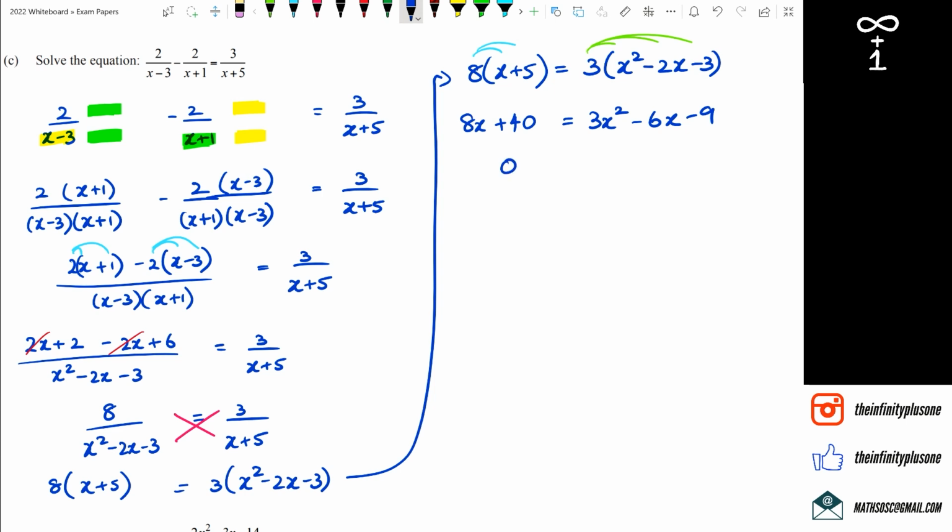So 0, I've got 3x squared minus 6x. 8x, when it comes to the right-hand side, will become minus 8x. Minus 9, and I've got 40, which becomes minus 49.